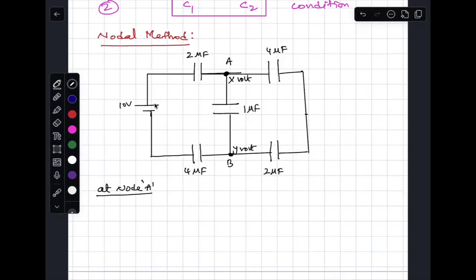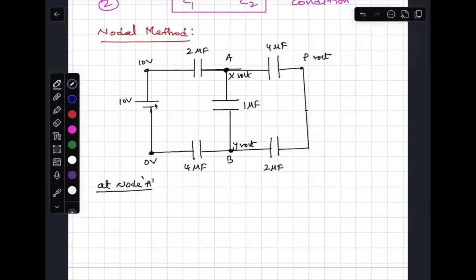And for this purpose, especially, you should take one point in the circuit as 0 volts. I have suggested that this point I will take as 0 volt. Nodal method, this is a very important step. One point you will take as 0 volt. The other point you will take as 10 volt. And the entire line is P volt forever. Till this point, any doubt?